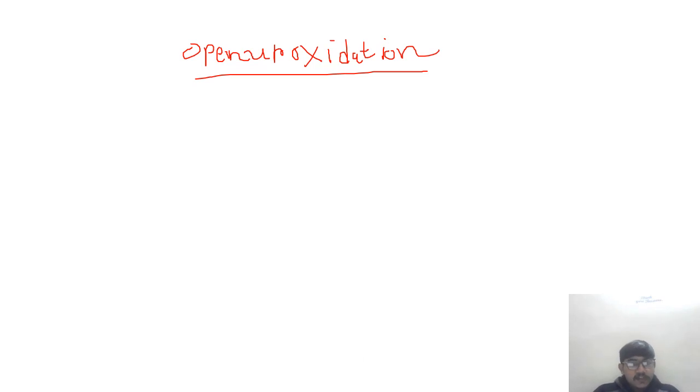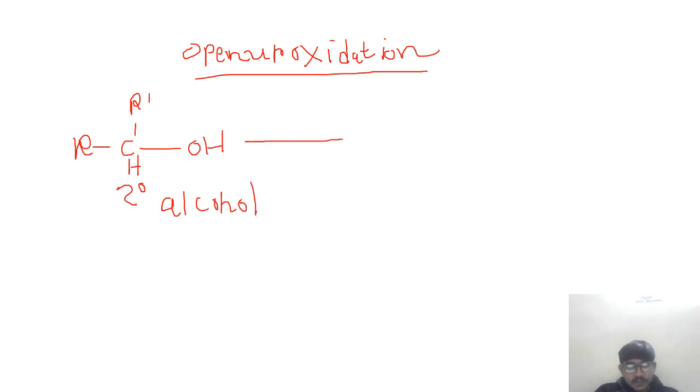What happens in Oppenauer oxidation is that the secondary alcohol, or 2-degree alcohol, is going to convert into the ketone, in the presence of aluminium tertiary butoxide.